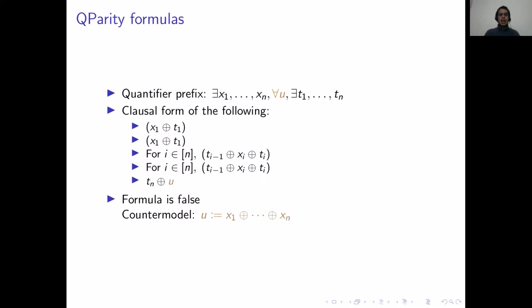The first clause we OR with u, the second clause we OR with u-bar, these ones we OR with u, and these ones with u-bar. So what we get is the clausal form of these things. This formula is also false, and the same counter model works for these formulas also.